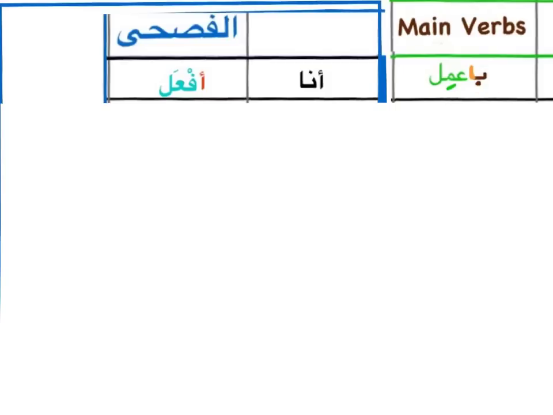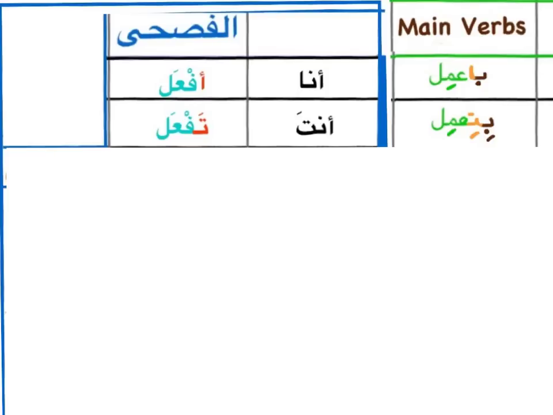So أنا بعمل and أنا أفعل, alif, instead of أنا. Same for أنت تفعل, ta, أنت بتعمل, ta. Notice that the difference is in the vowels rather than the letters. And again, we don't have the ba that indicates a main verb.